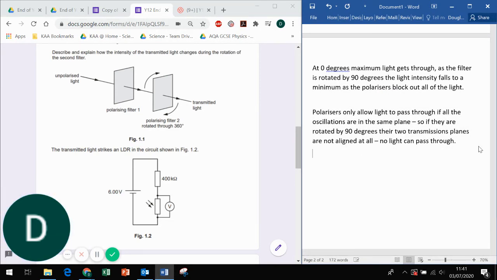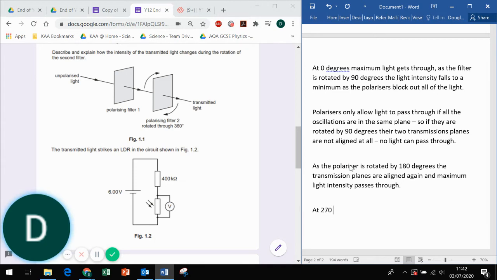That's a model answer. So we've pretty much got most of the answer. At 0 degrees, maximum light gets through. As the filter is rotated by 90 degrees, the light intensity falls to minimum as the polarizers block out all of the light. As the polarizer is rotated by 180 degrees, the transmission planes are aligned again, and maximum light intensity passes through.